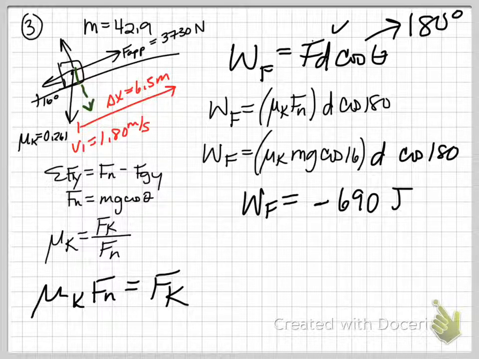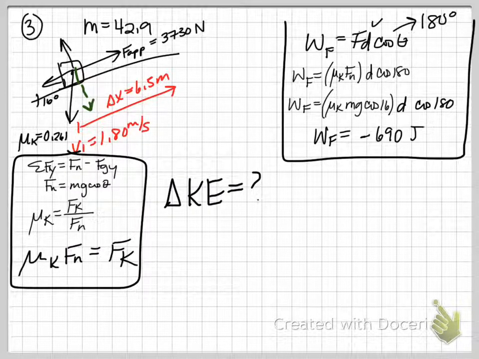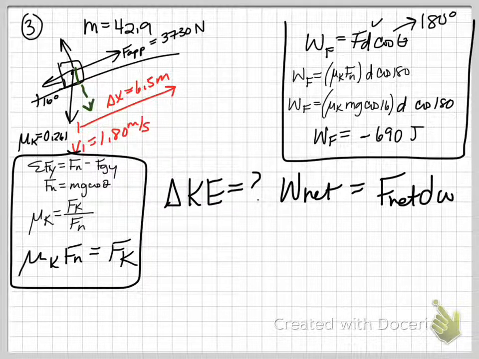Okay, so the next part of this is what's the change in kinetic energy of the box over the distance that it is pulled. So delta KE, well, there are a couple different ways to skin this particular cat. We can do delta KE equals the net work, which means it equals the net force times the distance times cosine theta.